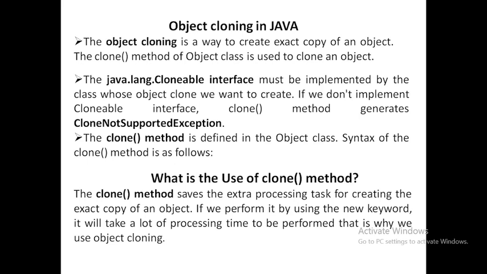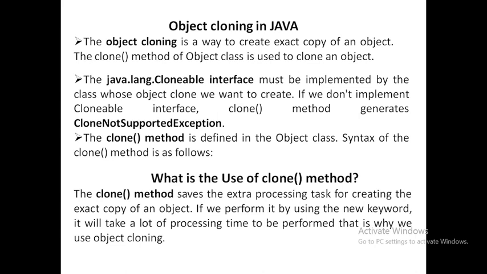By using the clone method, we have to take some Java packages, one of them is java.lang. It is a built-in package, and with this built-in package we can perform the clone method in Java.